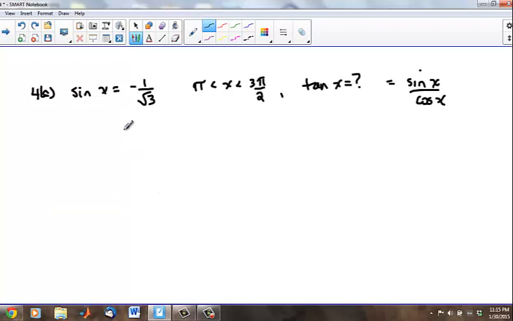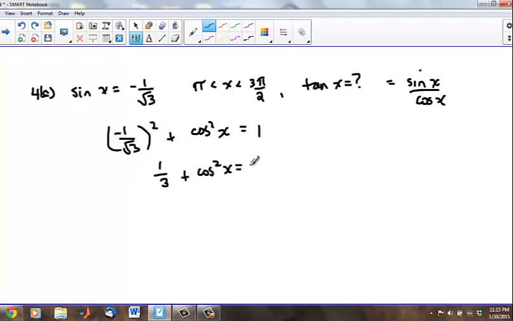Sine squared x, which is here -1 over square root of 3 squared, plus cosine squared x is equal to 1. So this is going to be equal to -1 times -1 is 1, square root of 3 times square root of 3 is 3, plus cosine squared x equals 1. Subtract 1/3 from both sides and you get 2/3.